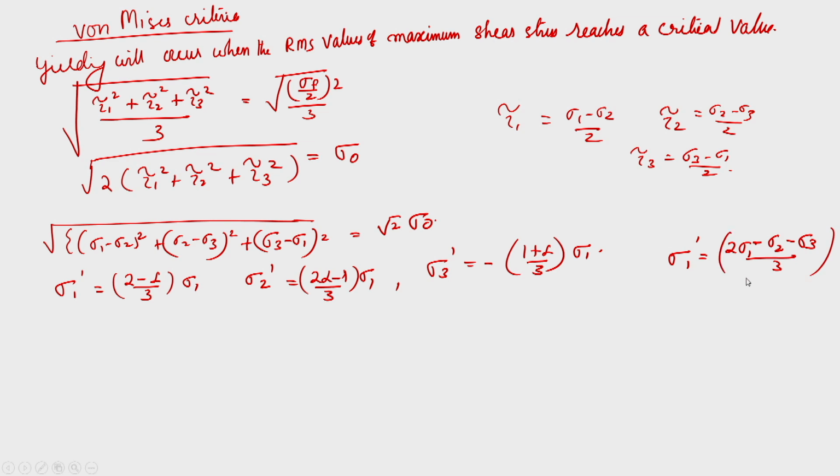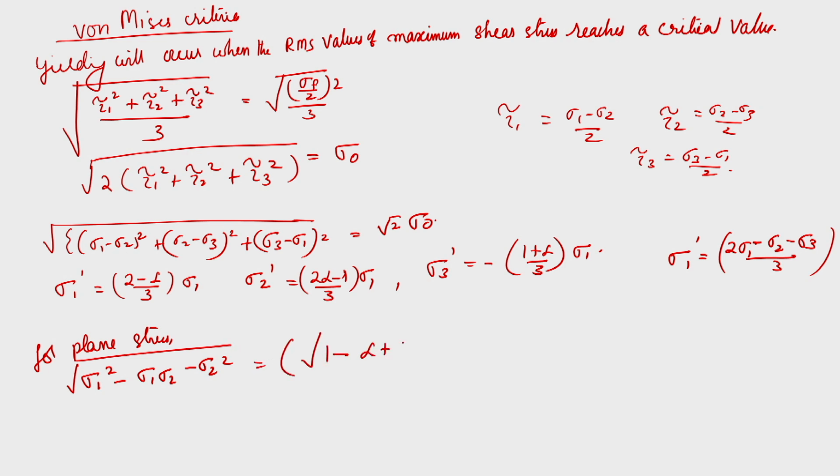For the plane stress, the von Mises criteria comes to sigma 1 square minus sigma 1 sigma 2 plus sigma 2 square, that is equal to (1 minus alpha plus alpha square) into sigma 1 square, that is equal to sigma 0 square.